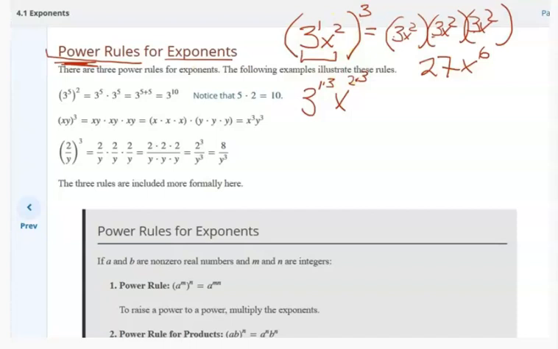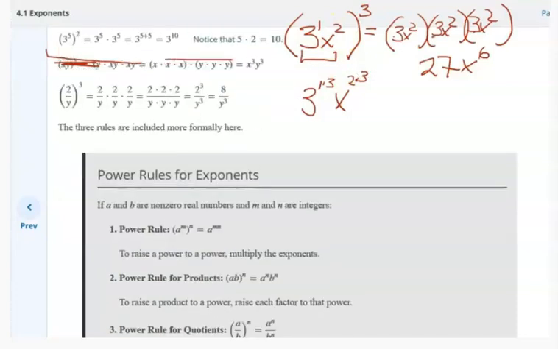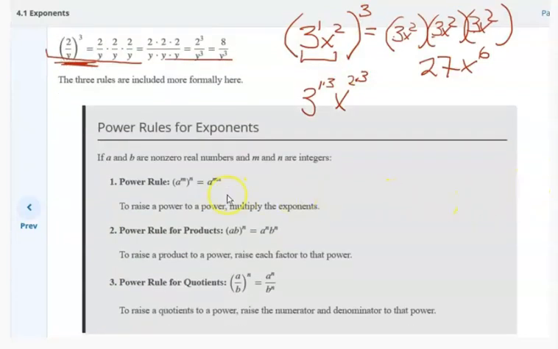And the rule is down below here, and we see it, and then they're just giving you a summary. So add this rule, and I'll make it big for you. a to the m, now raised to a power n. Here we're going to have a to the m n. That is, we multiply as opposed to add.